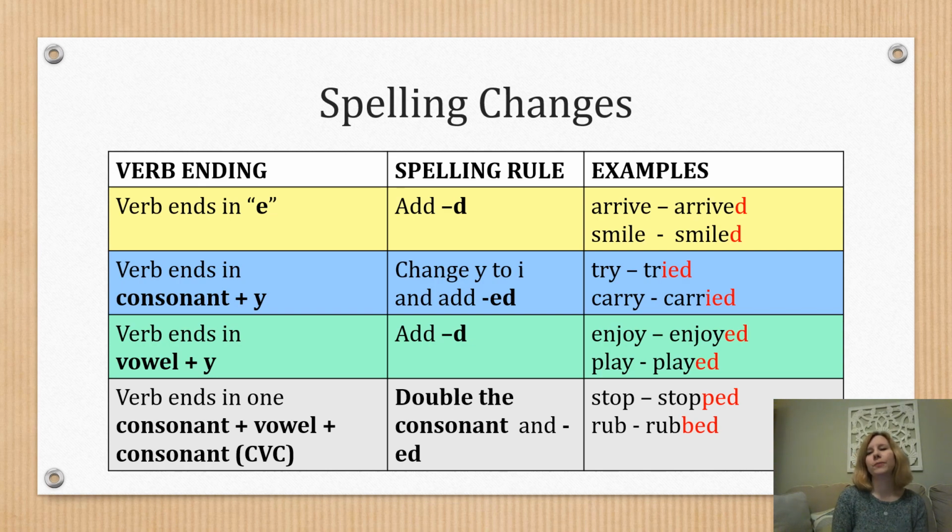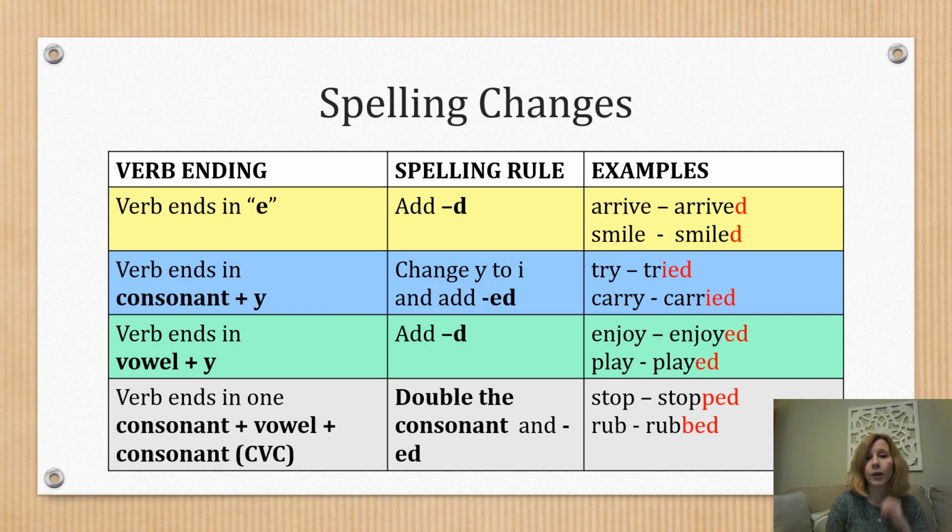For example, if you have a verb such as arrive and you want to make it past tense, it ends in an E, so you just add D. Arrive becomes arrived. Next example, smile. Smile ends in an E, so you just add a D. Smiled.